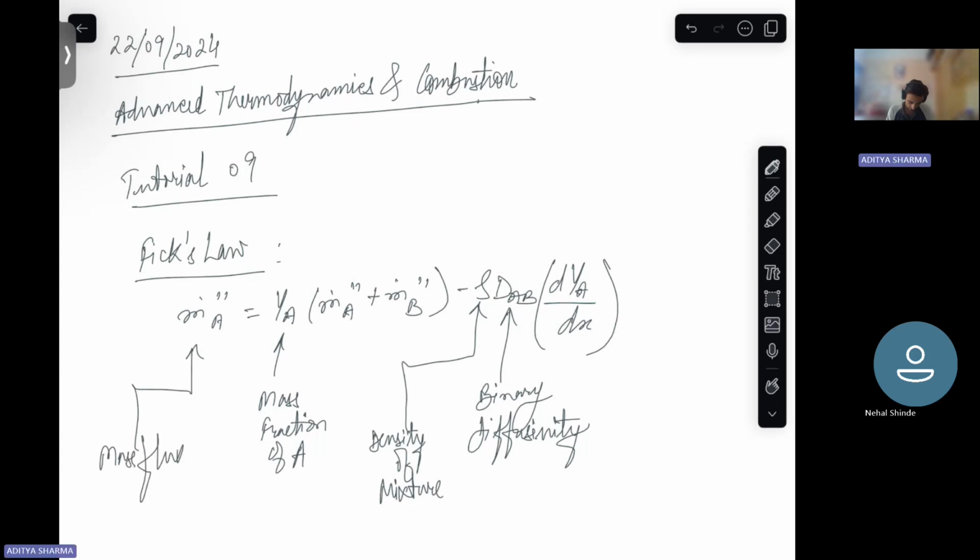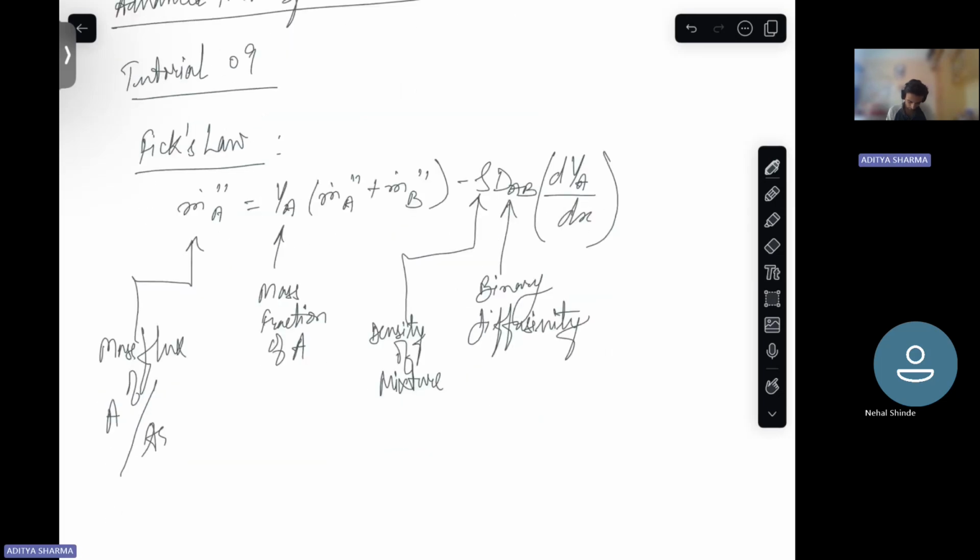Mass flux of A per unit area. Okay. Right.